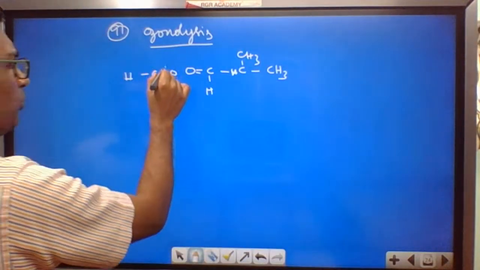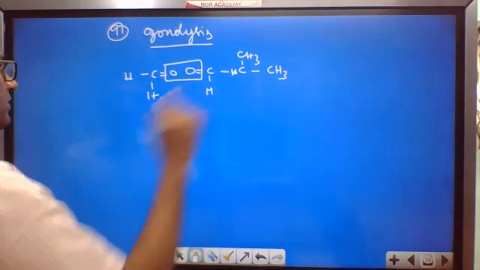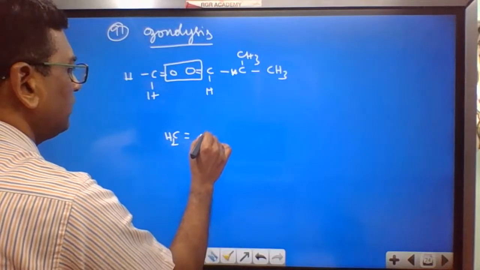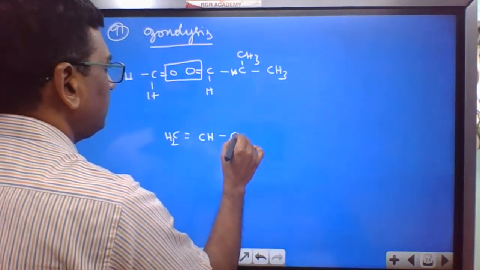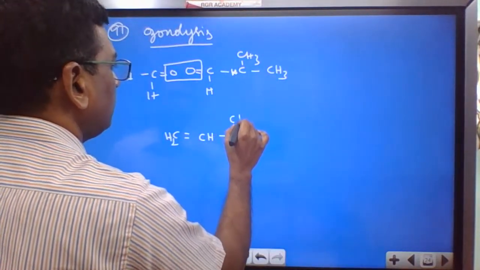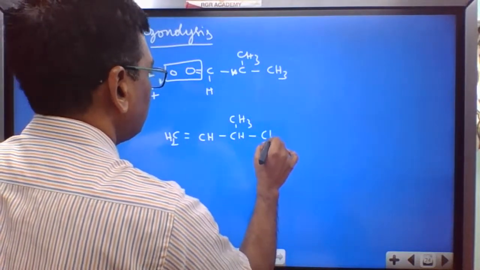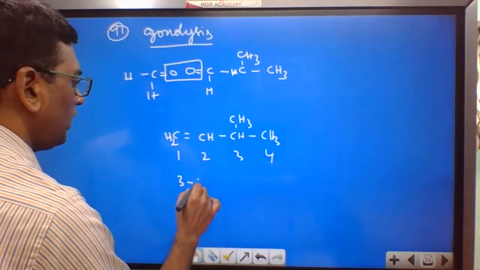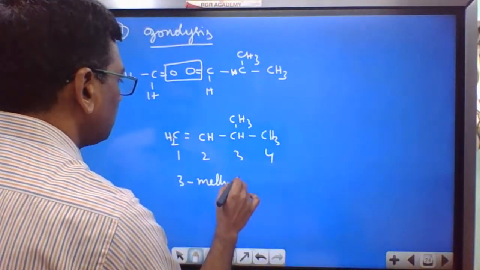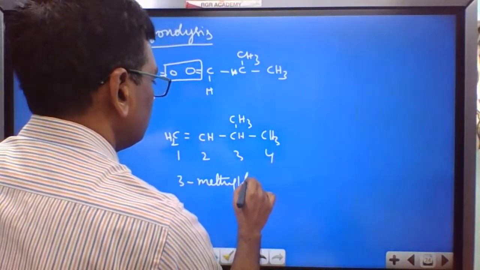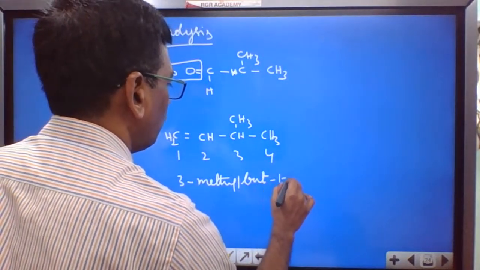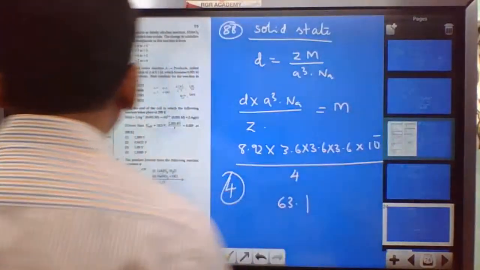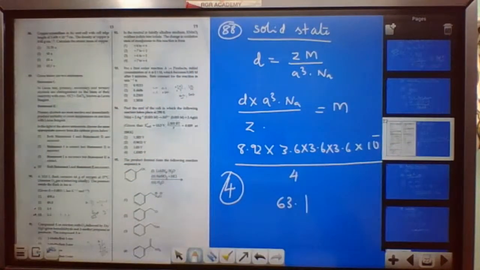See, simply remove this and write the compound. You will get CH2 double bond C, CH3, CH3. What do you call this name? 1, 2, 3, 4. 2-methyl but-1-ene.